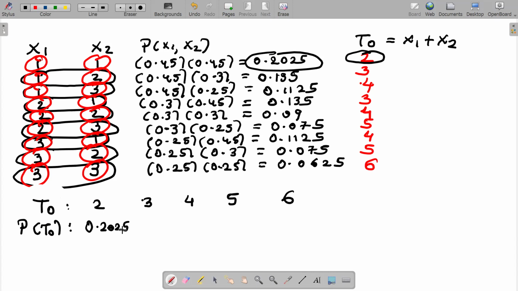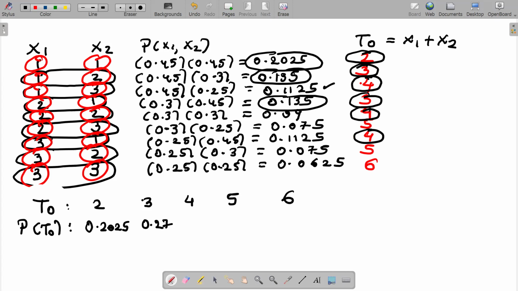Probability of taking the value 3. 3 comes 2 times. So 0.135 plus 0.135 is 0.27. 4 means 4 is coming here also, 4 is coming here also, here also. That means 0.1125 plus 0.09 plus 0.1125 gives us 0.315. 5 comes only twice.